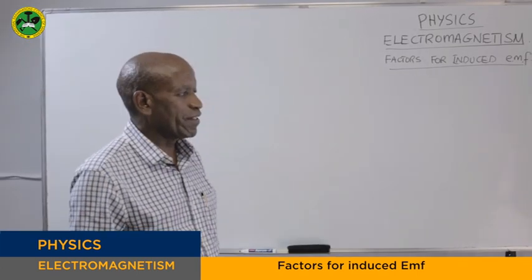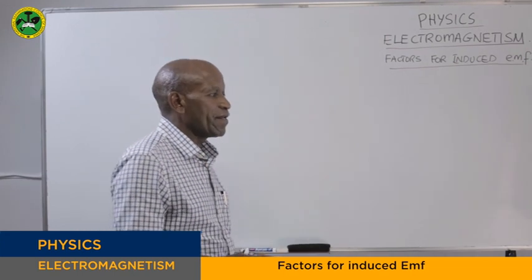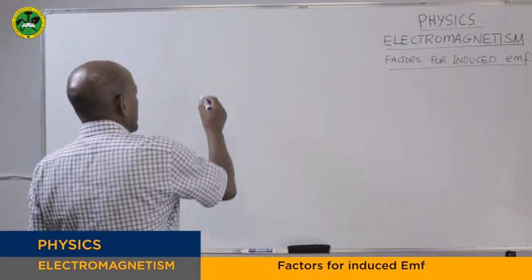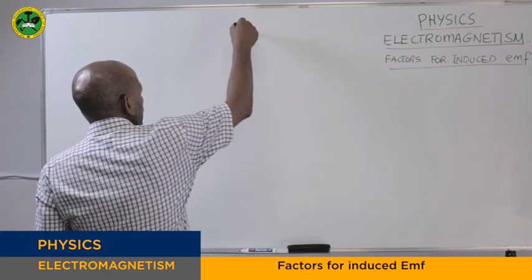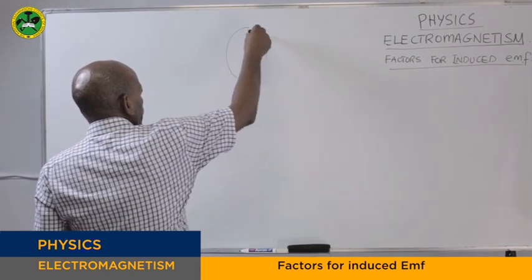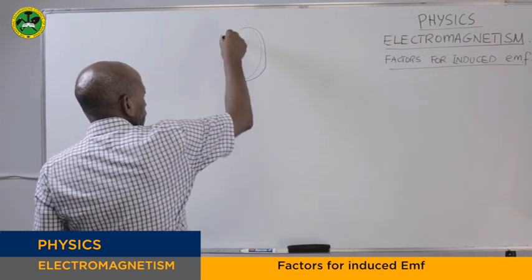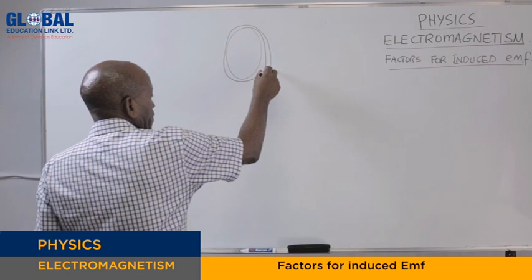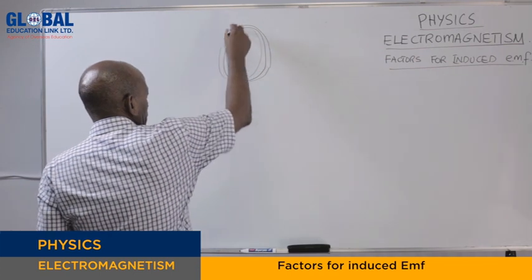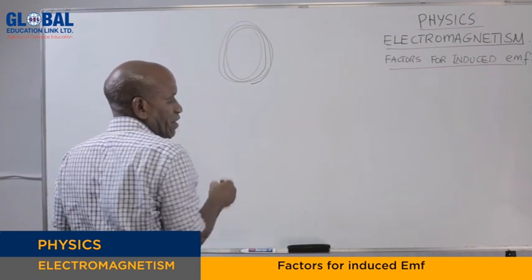Okay, so we have already seen that particular question. And here we have such a conductor. We have this to be a conductor of a coil. It has 15 turns. So there are many turns there; let's take it to be 15 turns.